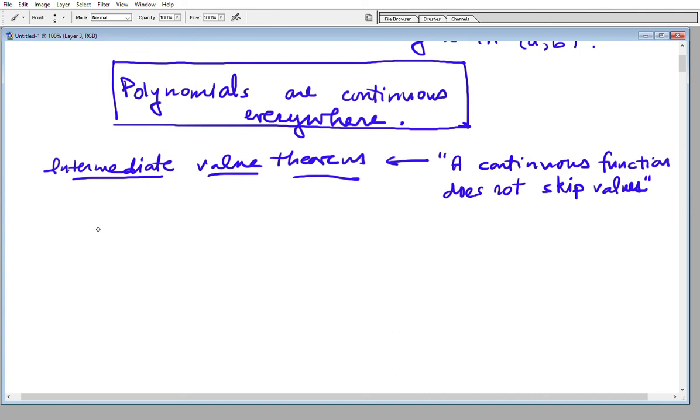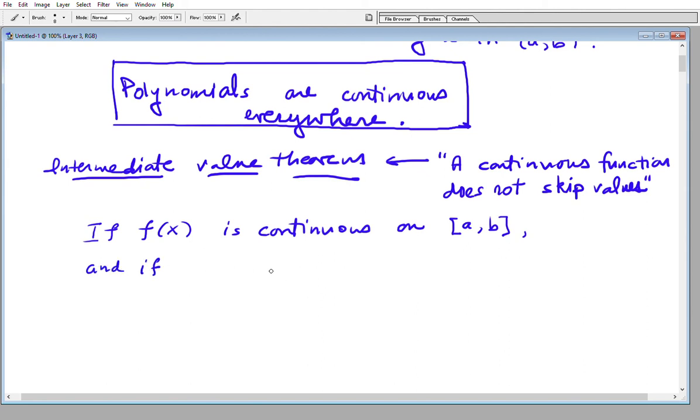So let's say if f of x is continuous on, let's say, AB, every point between A and B, and let's say we have K in between.